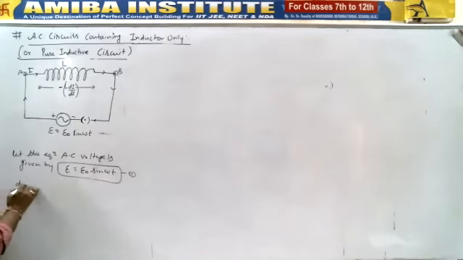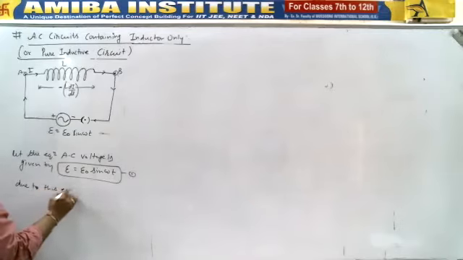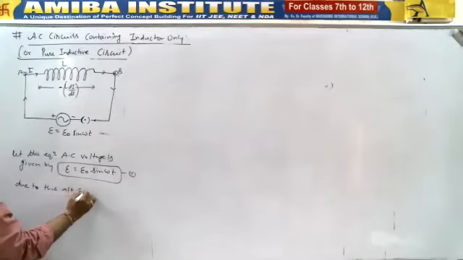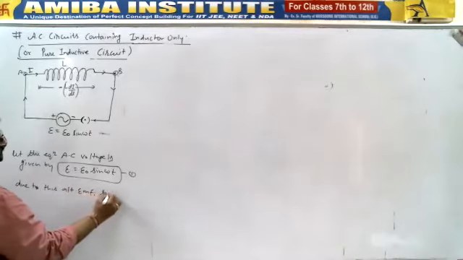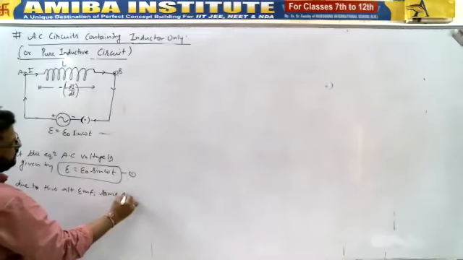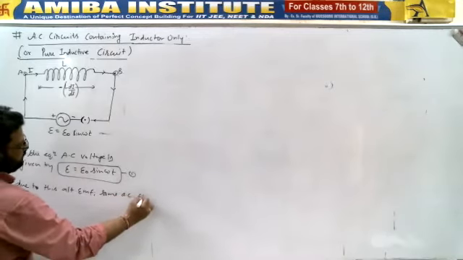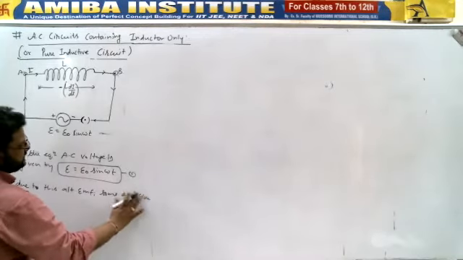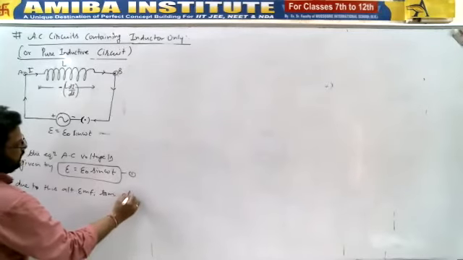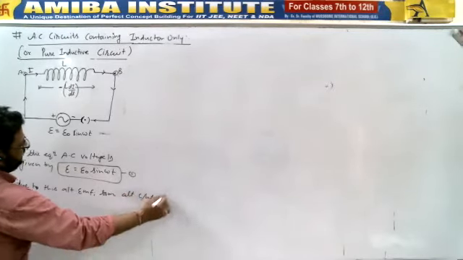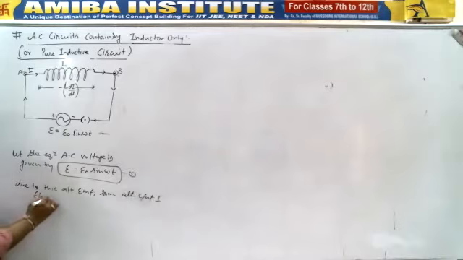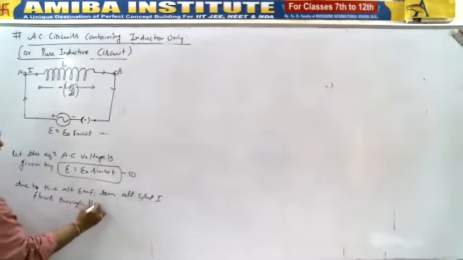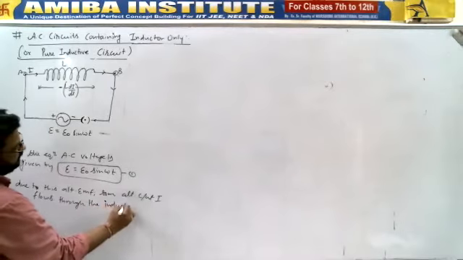Due to this alternating EMF, some alternating current I flows through the circuit, through the inductor.